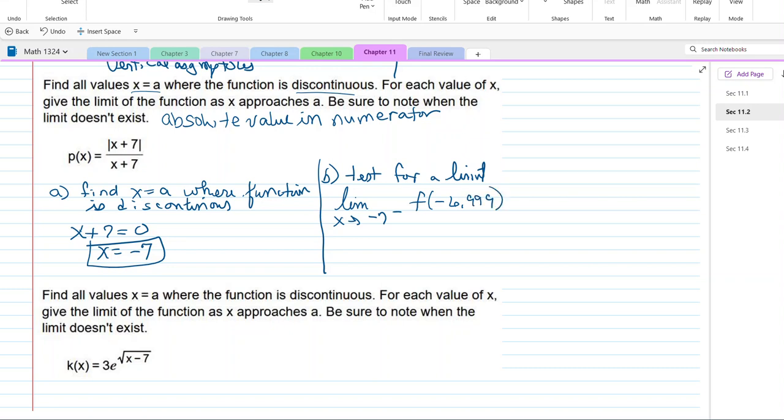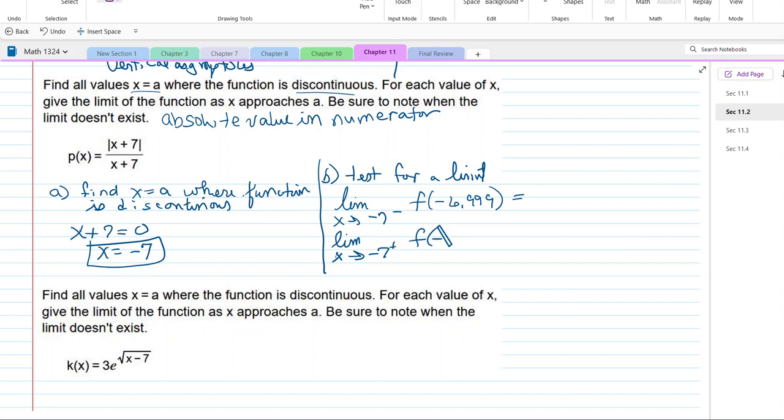-6.999. All right, we're going to use a calculator, of course. Limit as x approaches -7 from the right. So that means a little bit larger than that 7. Ooh, do I have it backwards? Oh, this is the larger. Sorry about that.